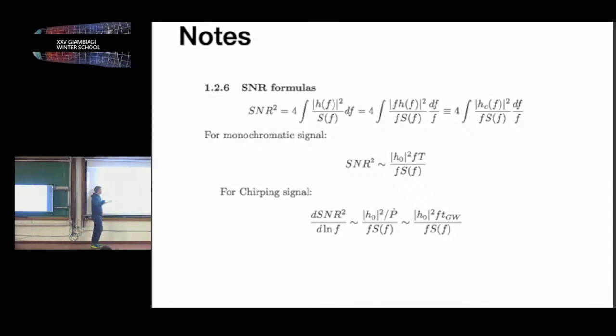Or the power spectrum for large-scale structure has units of megaparsec, right? So k cubed P of k is dimensionless. So here f times S of f is dimensionless. This is the dimensionless noise, the equivalent of k cubed P of k. And this is also dimensionless, frequency times time. So that's the reason I wrote it like this.